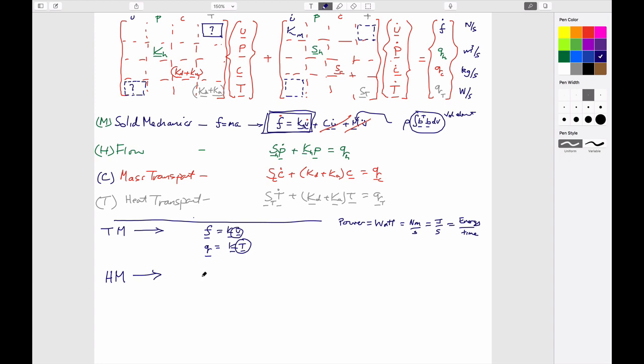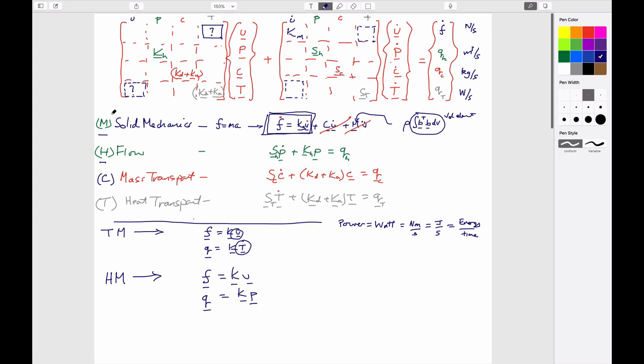And so if we're thinking about hydromechanical behavior, then again, the two systems that we're interested in coupling together would be the same as the first one here, mechanical behavior. It would be the analog to this for flow, which would, I guess, be this one, which would be Q equals K. We've called it head, but now we're going to switch to start calling it pressure.